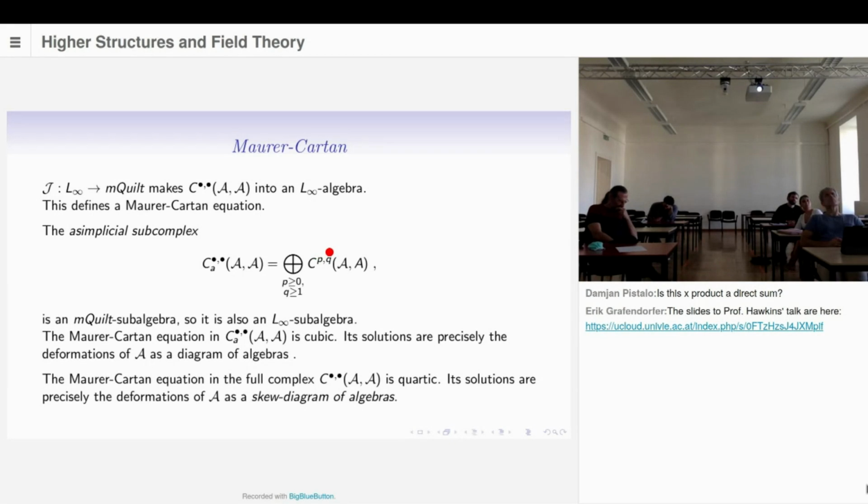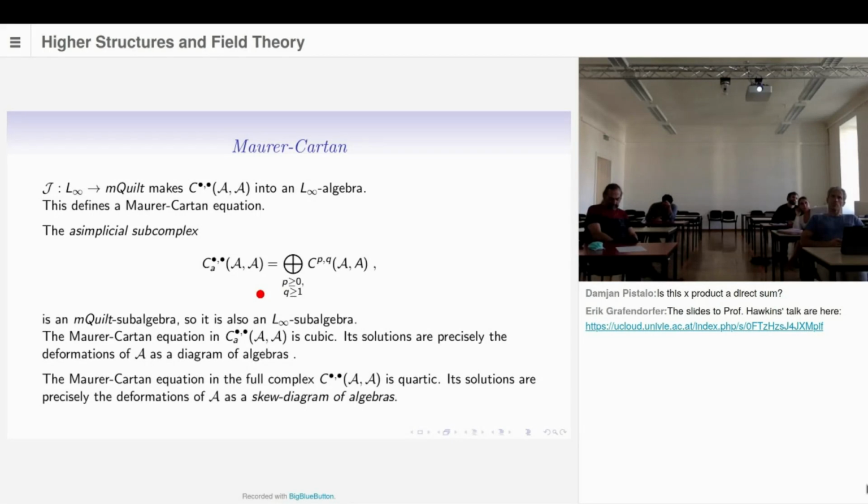So there's no degree 2, 0 part in that. Anyway, this is a subcomplex, and it's a Quilt subalgebra, so we get immediately from that this is an L infinity subalgebra, and the Maurer-Cartan equation is defined on that subcomplex.